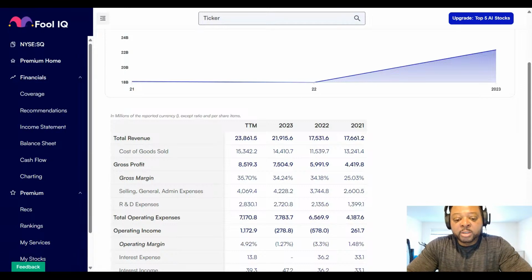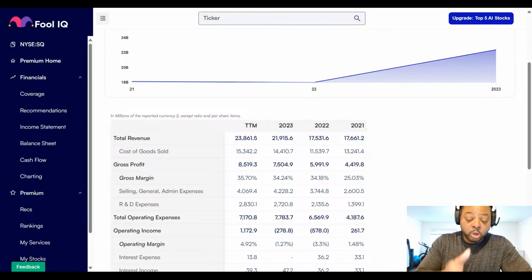So in 2022, they made $17,531,600. Okay, they lost. Now in 2023, they made $21,915,600. So whoa, they're getting back on track.